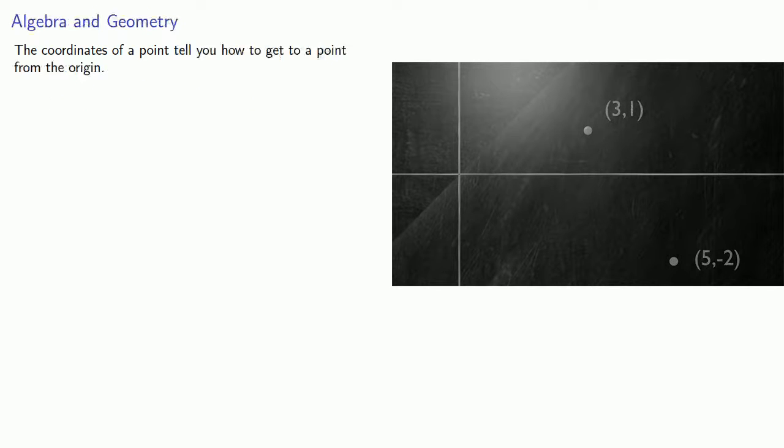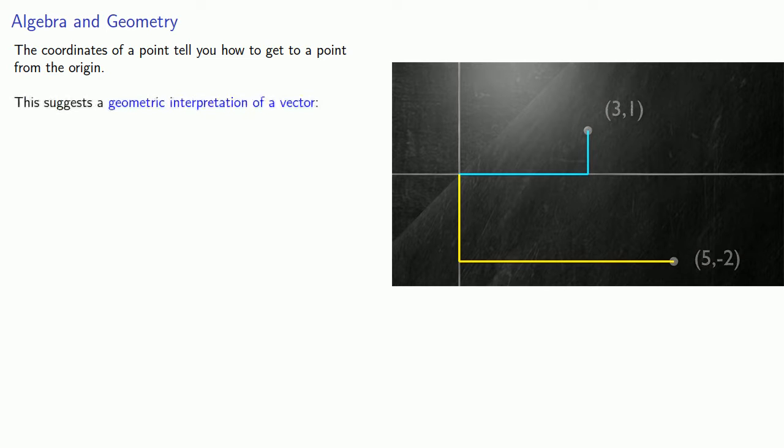We might proceed as follows. The coordinates of a point tell you how to get to the point from the origin. So to get to the point (3, 1), I need to go 3 units over and 1 unit up. Or to get to the point (5, -2), I might go down 2 units and then 5 units to the right. This suggests a geometric interpretation of a vector.